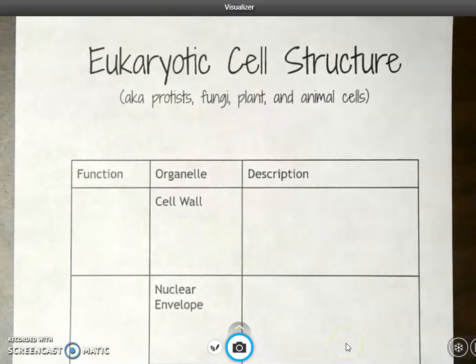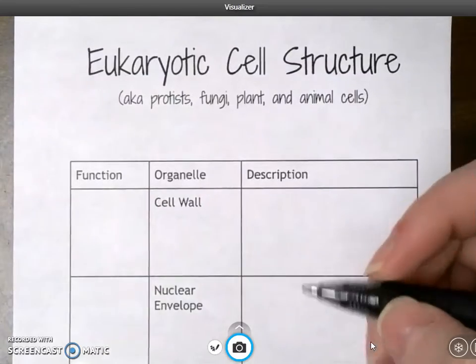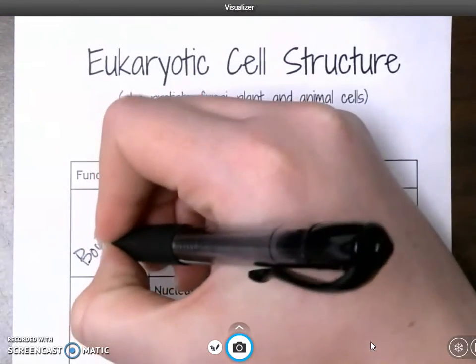Hi guys, let's do the eukaryotic cell structure notes. Okay, we are going to start out with the outermost structure, the cell wall. Its function is to provide a boundary.